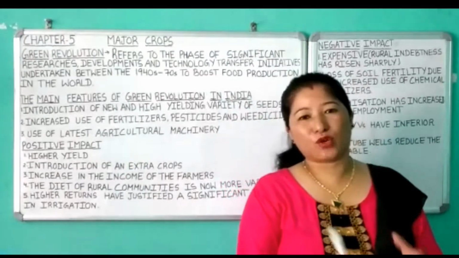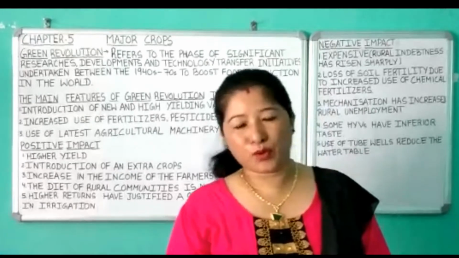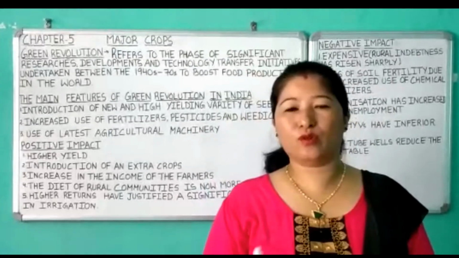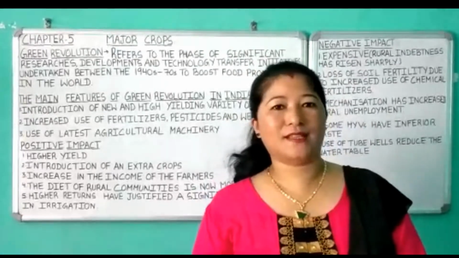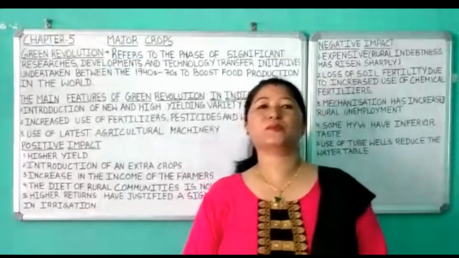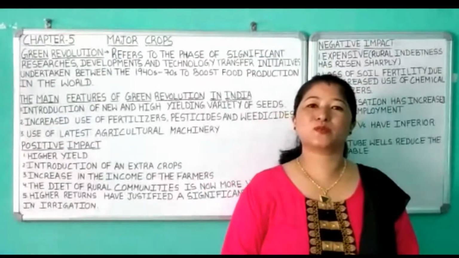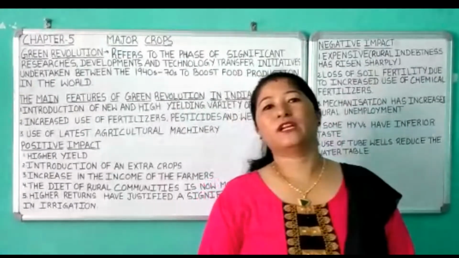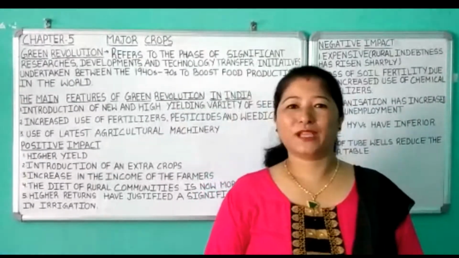This concept was proposed by an American scientist, Dr. Norman, in the USA in the 20th century. And in India, it was introduced and proposed by Dr. M.S. Swaminathan, who is also known as the father of the Green Revolution in India.